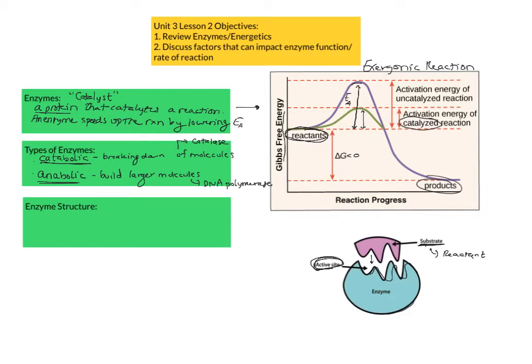Now remember that an enzyme is a protein. And if you remember from Unit 1, the enzyme structure is determined by the order of amino acids, which influence how the protein folds. And we know that the order of amino acids is ultimately determined by the DNA sequence.